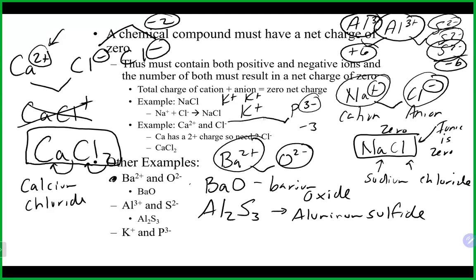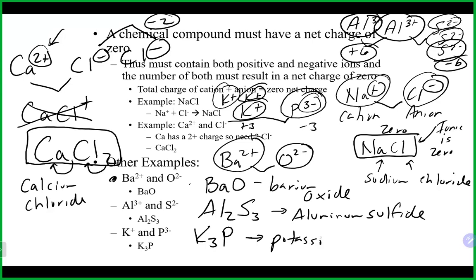So that's -3 balanced out by the +3, which gives me no charge overall. That's 3 potassiums and 1 phosphorus. And that would give me my proper formula here, which would be potassium phosphide, -ide, from phosphorus. Drop the last part of phosphorus.